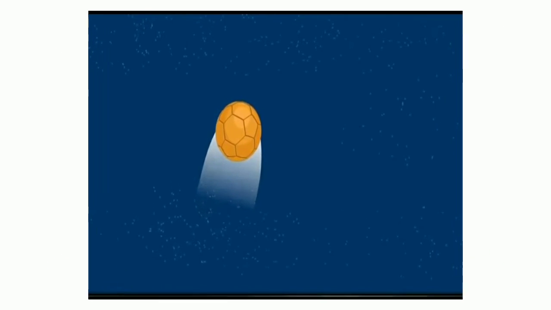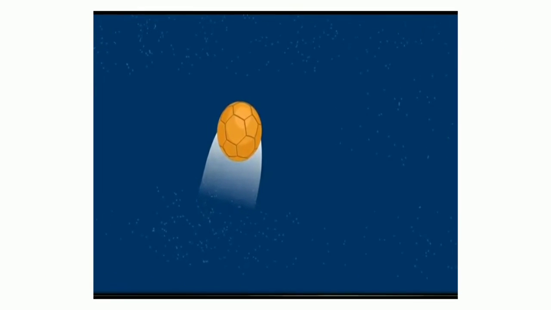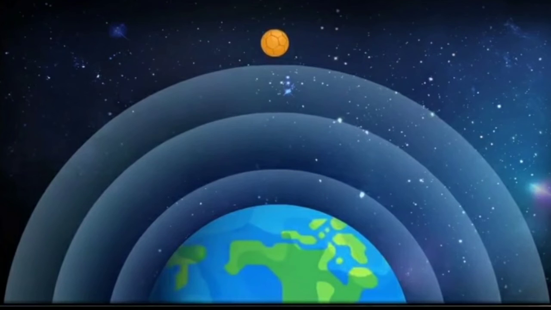If we keep increasing the initial velocity of the ball, it will reach larger and larger heights, and above a particular value of initial velocity the ball is able to overcome the downward pull by the earth and can escape the earth forever and will not fall back on the earth.